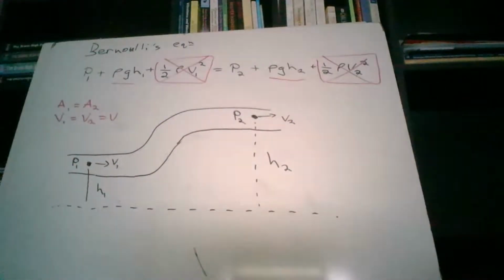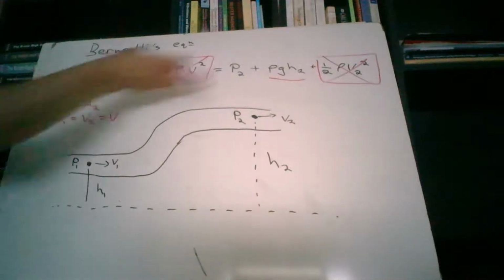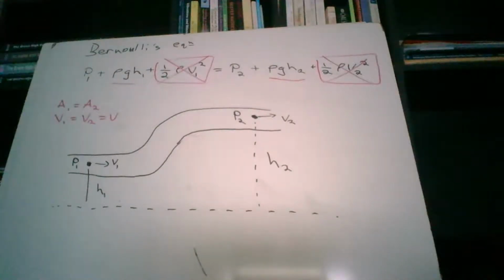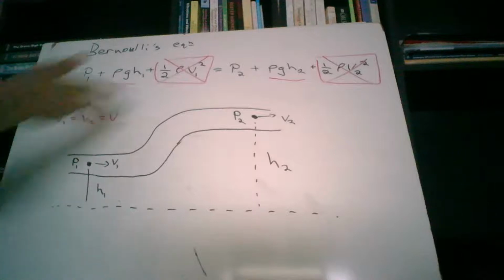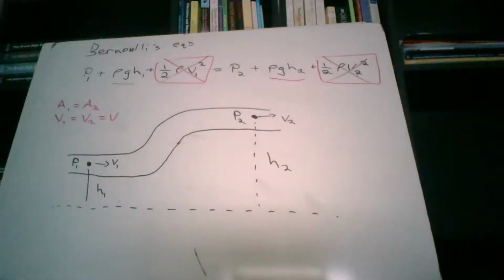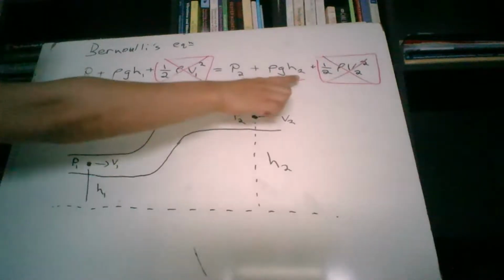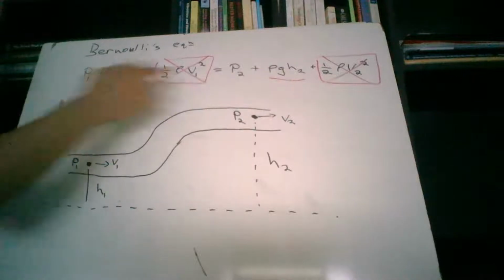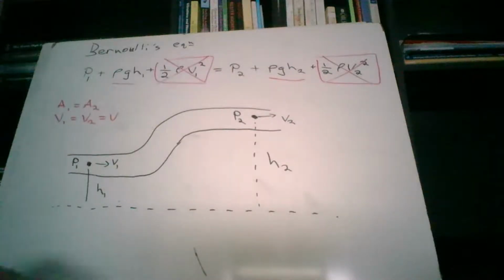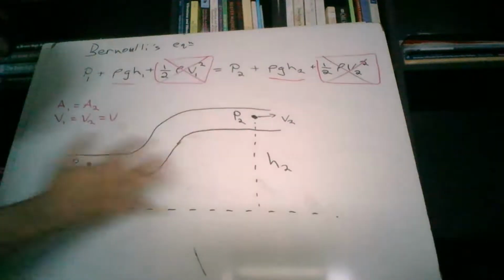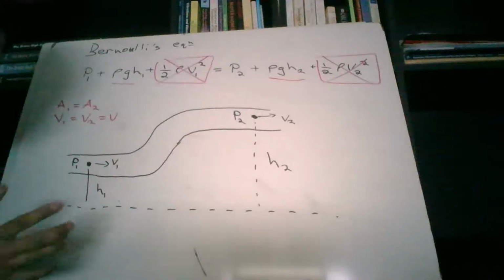You can subtract one from each side. And so now we're left with this equation right there. So what's this equation telling us? It's telling us that the change in the height will result in a change in pressure. Now, okay, we got that. I'm hoping we got that.